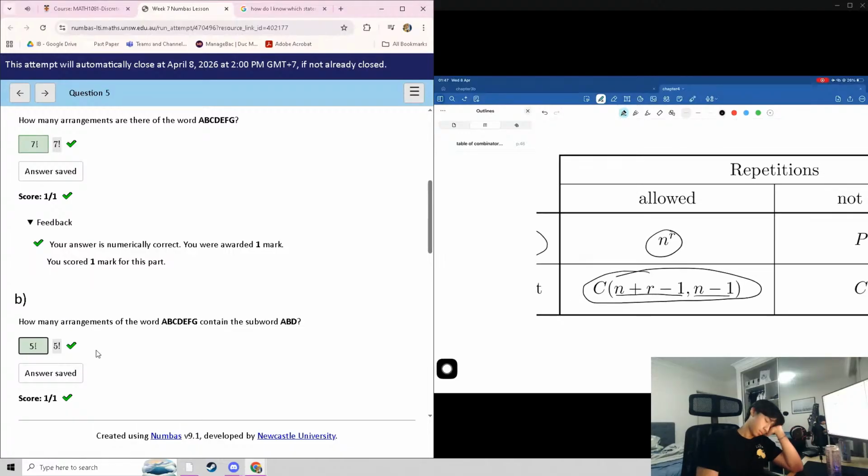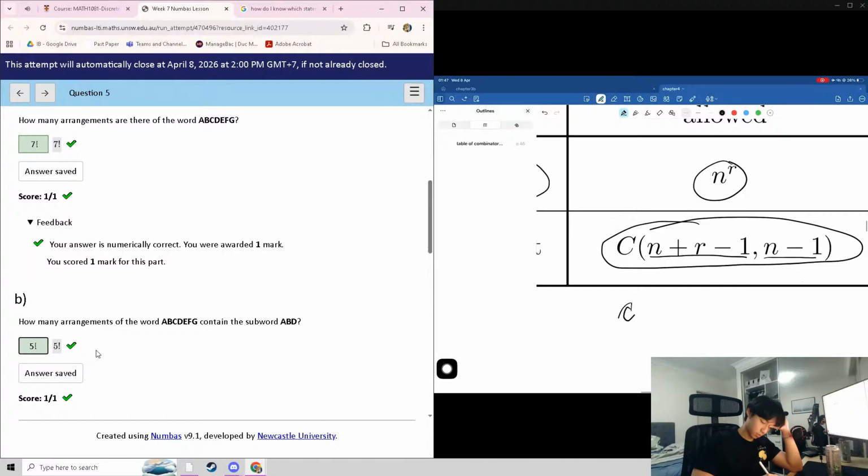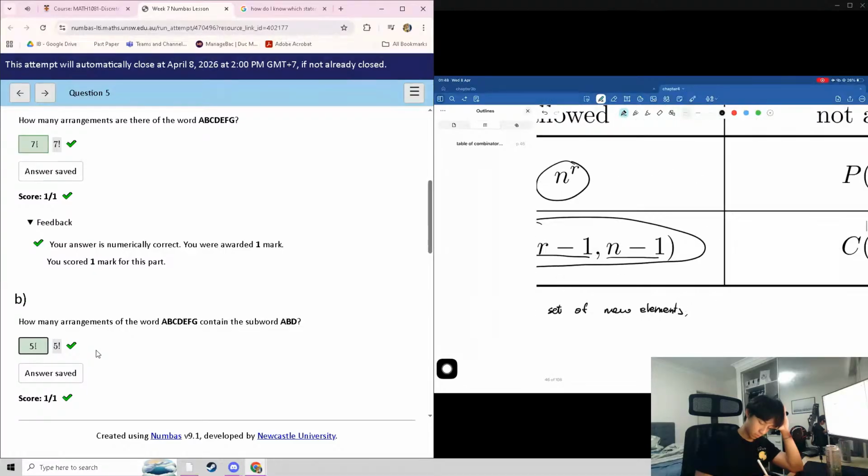And minus 1. Choose from a set of new elements, and subtract 1.